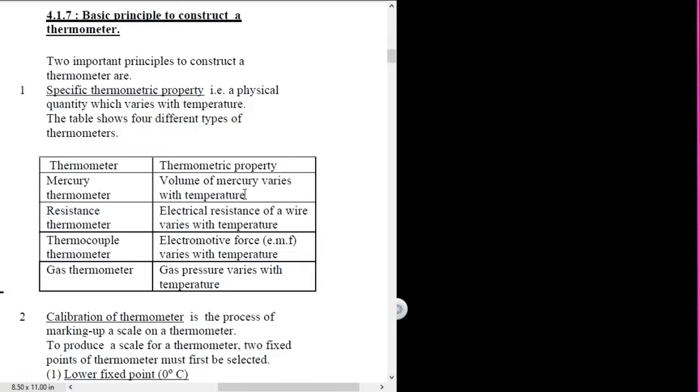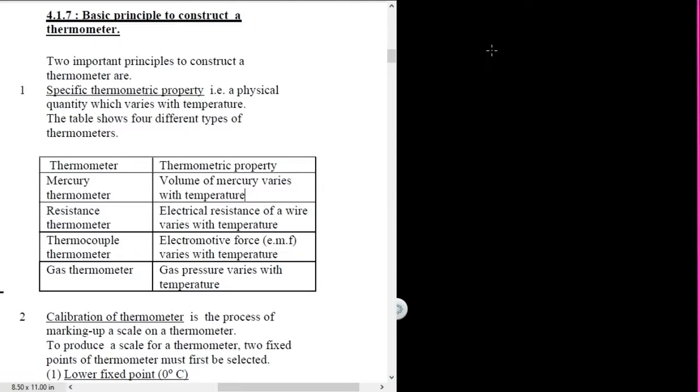We know that mercury will increase its volume, or it will expand, so the volume will increase based on the temperature.